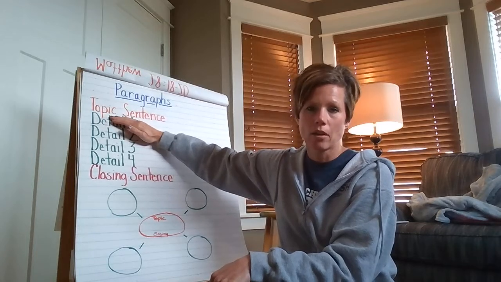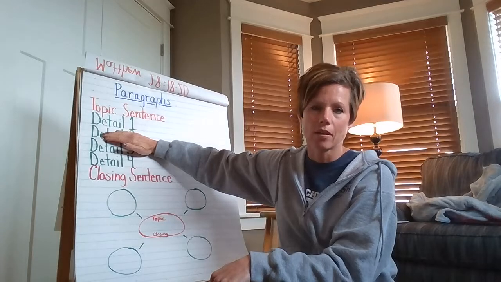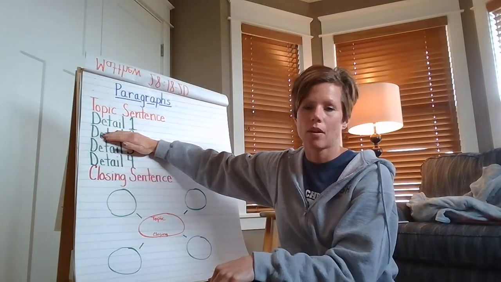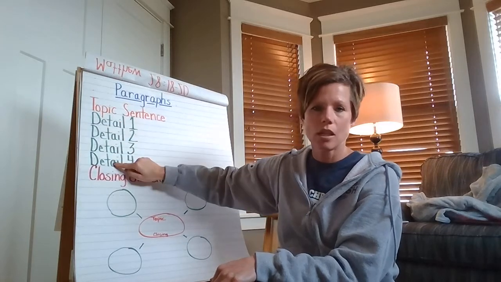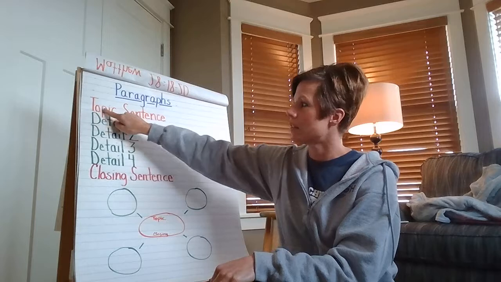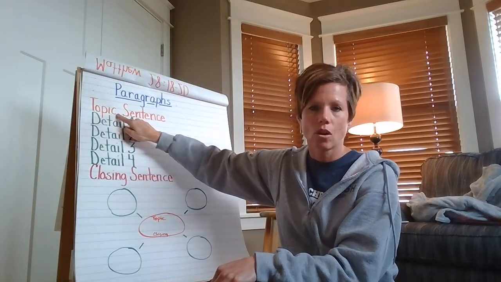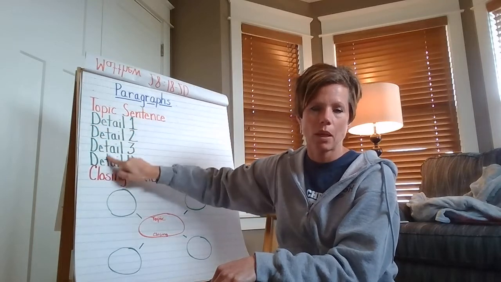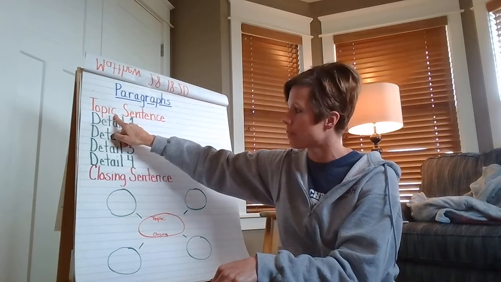Then each paragraph has sentences or details. I'm going to ask that the paragraphs we write together have 4 details. Each detail must talk about the topic. Details that don't talk about the topic do not belong in this paragraph, okay?